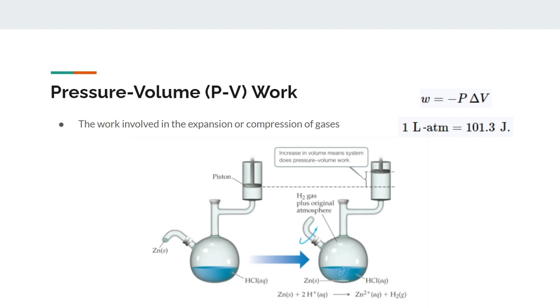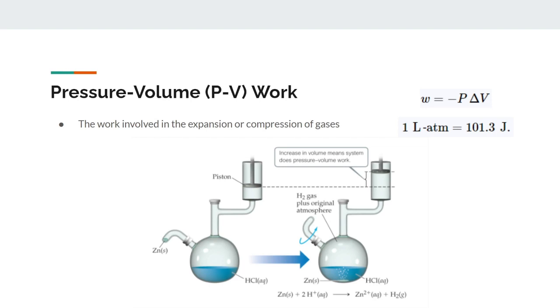Changing gears a little bit, another important piece of this chapter is pressure volume, or PV work. So PV work is work done specifically in constant pressure with the expansion or compression of gases. So this visual right here provides a good indicator of what PV work looks like. In this reaction, we have solid zinc being dumped into hydrochloric acid.